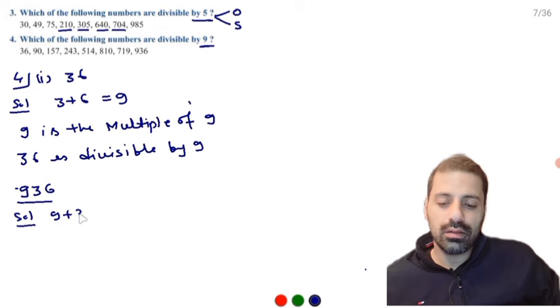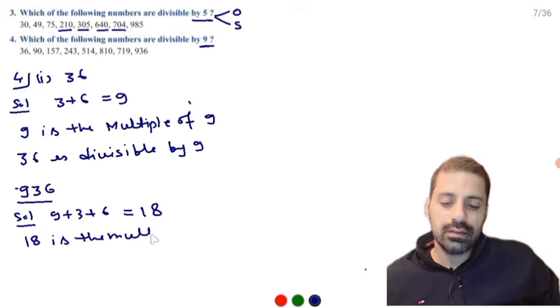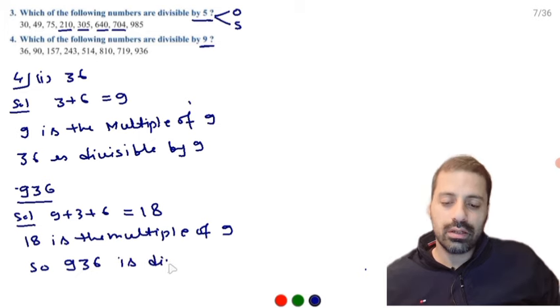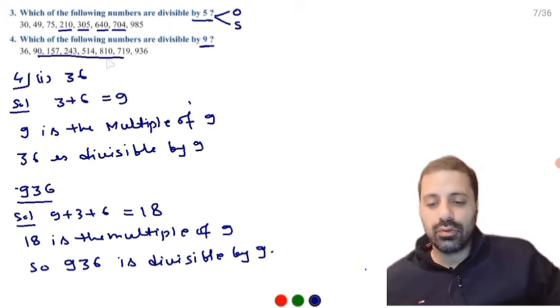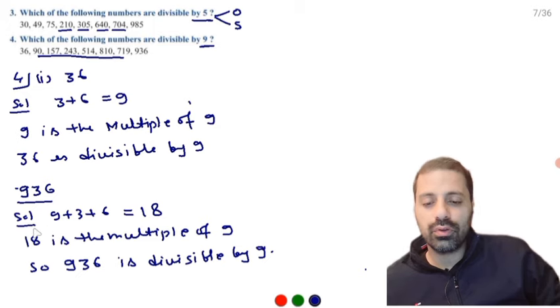Here the solution: 9 plus 3 plus 6, and the sum is 18. So we can say that 18 is a multiple of 9, so 936 is divisible by 9. The remaining questions here you can solve yourself.